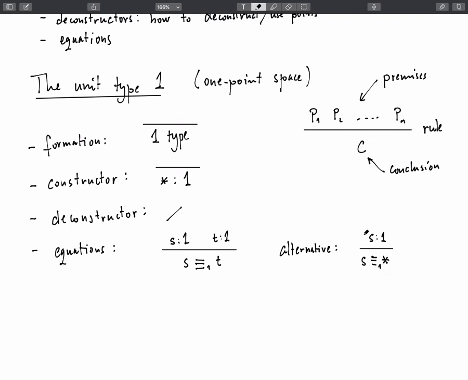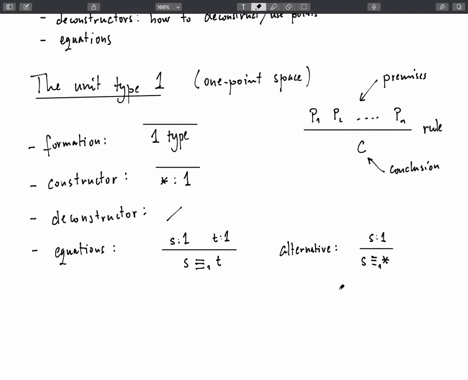If you have one, you get the other, because equality is an equivalence relation. Here, you just stick asterisk for T to get the other one. But if you know that every S is equal to star, then every S equals star, and star equals every T. By transitivity, you get S equals T. So there isn't necessarily just one way to give the equations.